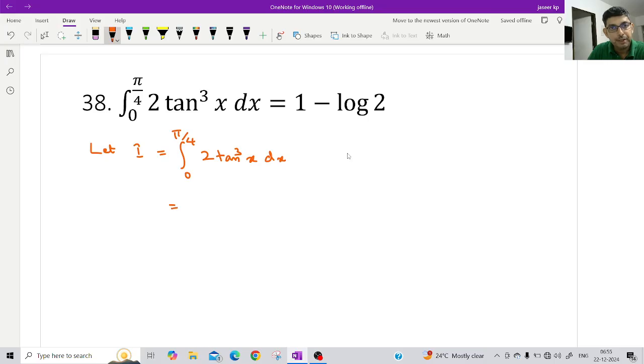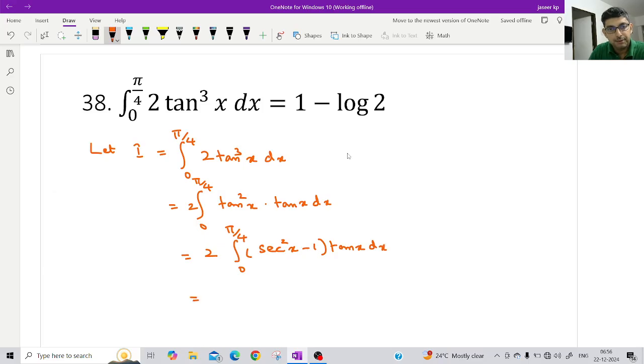So tan cube can be written as, 2 will be taken outside, tan square x into tan x dx. So that means 2 into tan square x, again can be written as secant square x minus 1, into tan x dx.